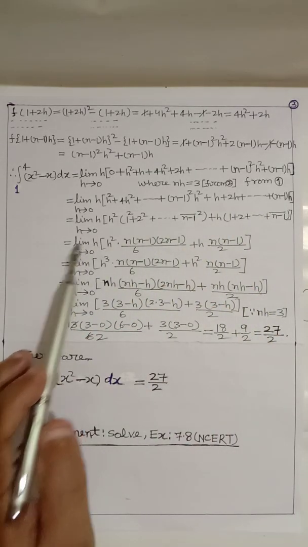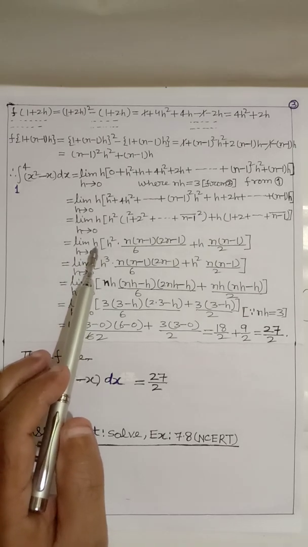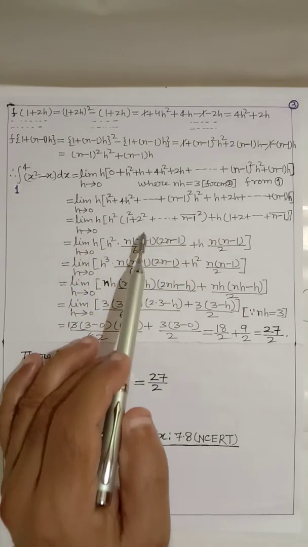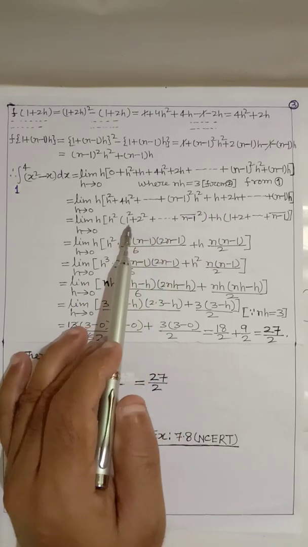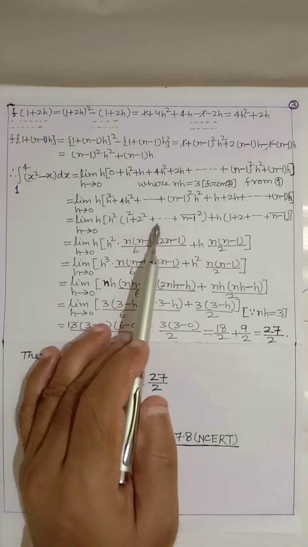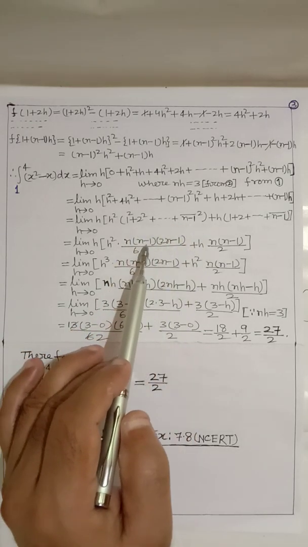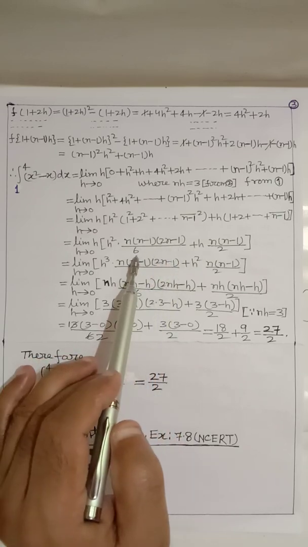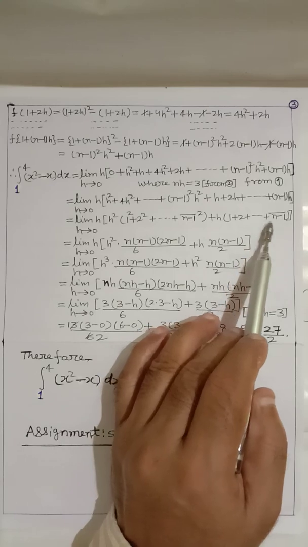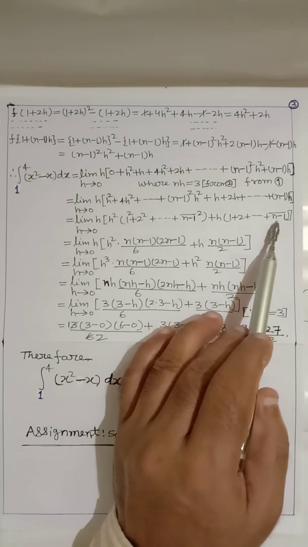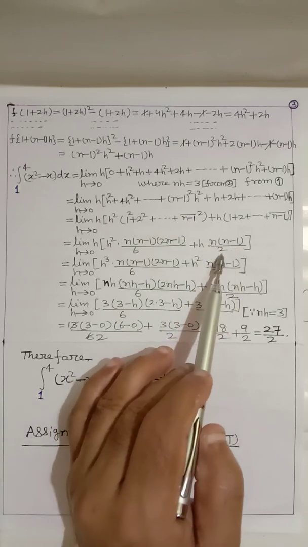This is equal to limit h tends to 0 of h into h square. Here we have already discussed that the sum of 1 square plus 2 square plus and so on plus n minus 1 whole square is n into n minus 1 into 2n minus 1 by 6. And the sum of 1 plus 2 plus 3 and so on plus n minus 1 is n into n minus 1 by 2.